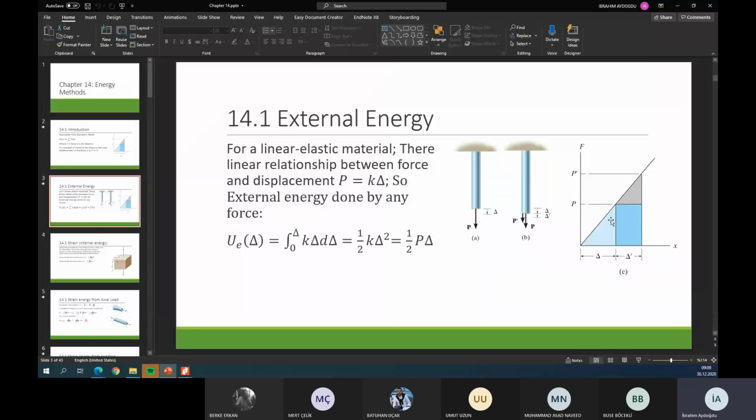I'm sorry, we can remember that this is the stiffness. So K is the stiffness. What is the meaning of K? Do you remember? Maybe you need a small help. Let me take a few seconds to open my cell phone.